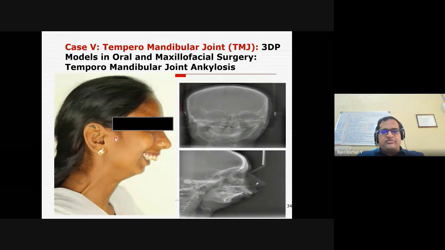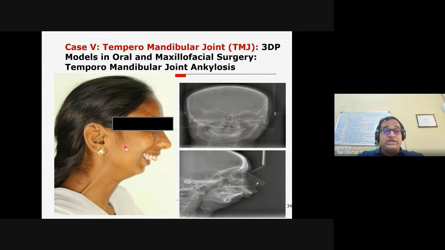With a free joint, articulation is easy, and normal opening, biting and chewing are possible. The normal opening is 5 to 6 centimeters, but because one joint was fused, she could not open her mouth even 1 centimeter, so she used to manage with fluids.